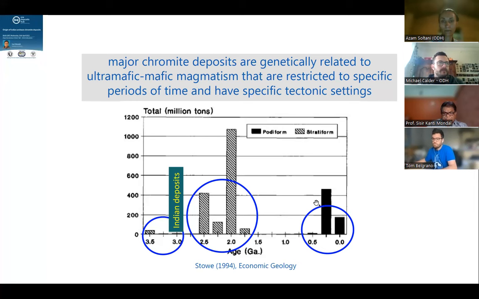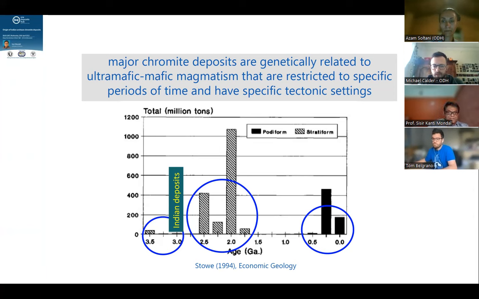If you see this particular plot by Clive Stowe, published in Economic Geology in 1994, you see that most of the ophiolitic hosted deposits are restricted in Phanerozoic. We have huge amount of chromium resources that are restricted in Proterozoic era, when we have large igneous provinces, and those large ultramafic igneous provinces host stratiform chromite deposits.